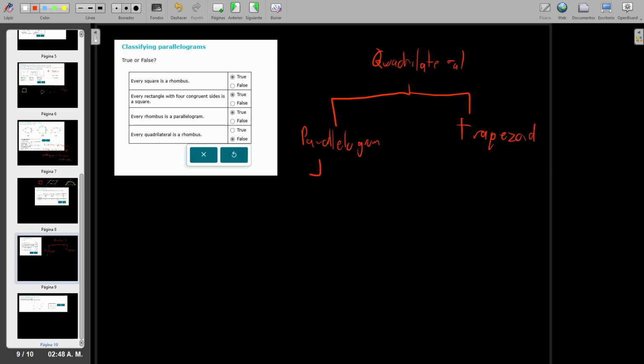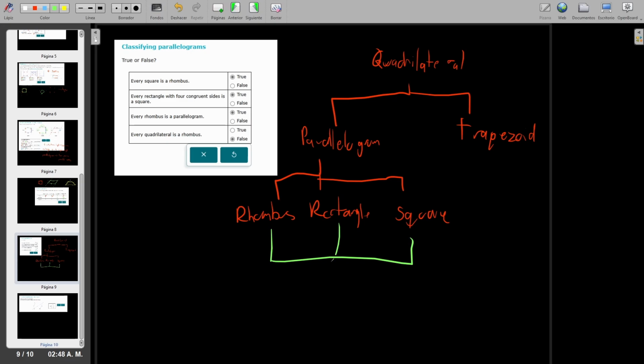And a parallelogram can be a rhombus, a rectangle, and a square. But the square at the end is the combination of these two. The combination of these two is going to be a square.